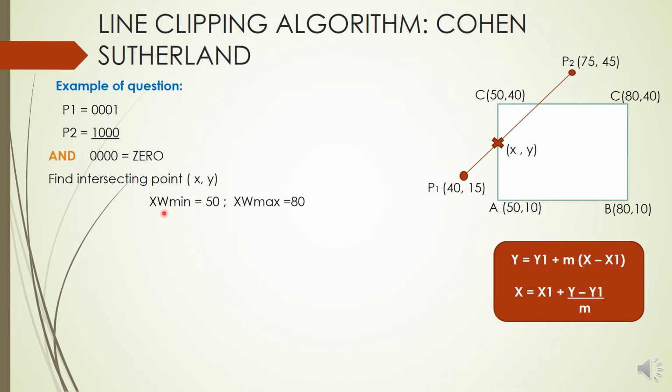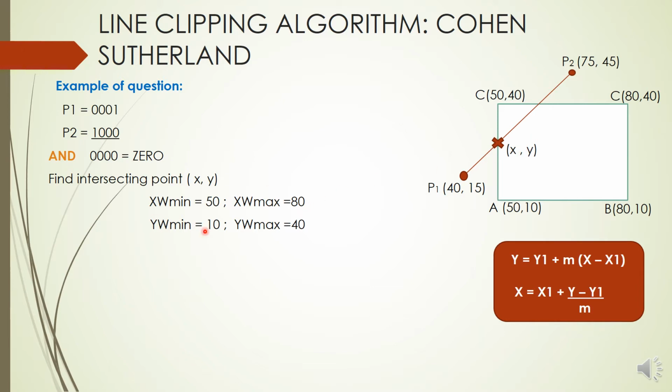And then YW min is always 10, and YW max is always 40. So write down all the information given from the question here.